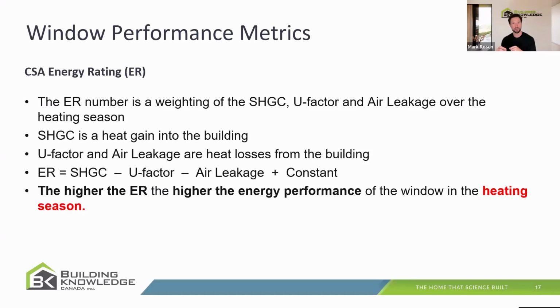However, I draw your attention on this slide to the text in red. The energy rating is really focused on the energy performance of the window in the heating season. That is because having a high solar heat gain coefficient, which allows more of the sun's energy through the window, improves the energy rating score of a window.